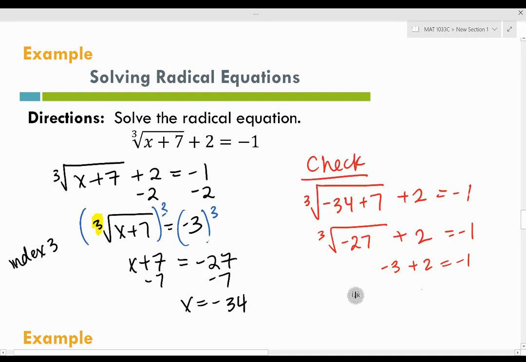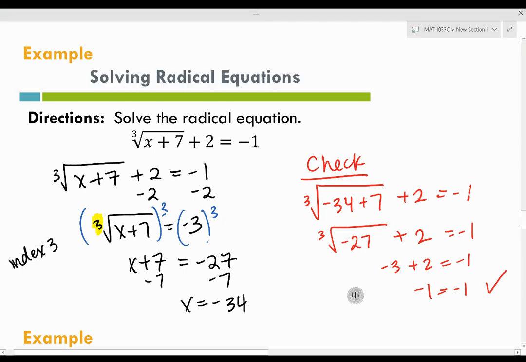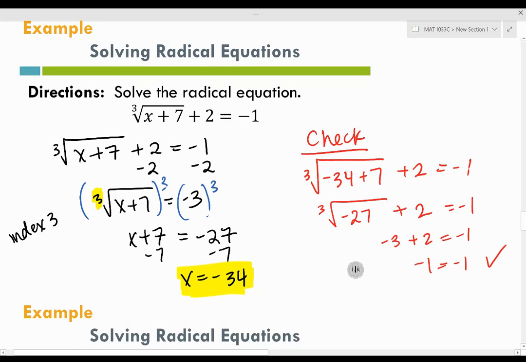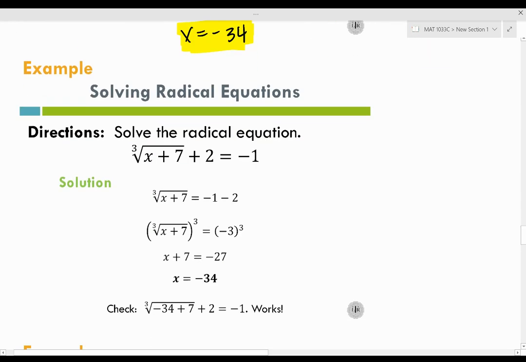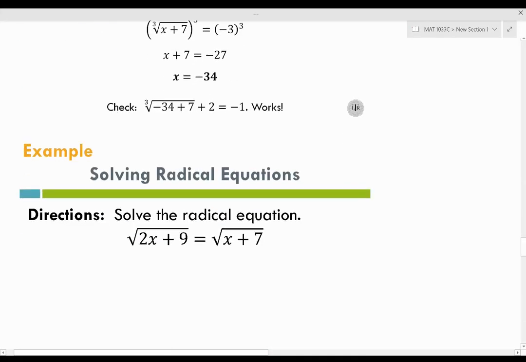And negative 3 plus 2 is negative 1. And negative 1 equals negative 1. So that's true, which means our answer is, in fact, x equals negative 34. All right, let's see if we're right. Yes. All right, let's look at this example.